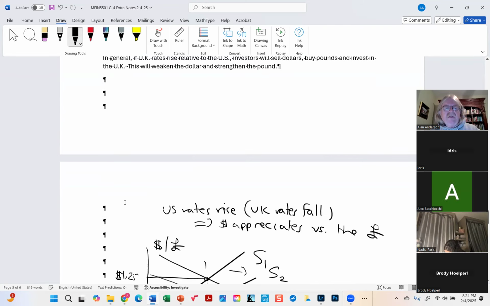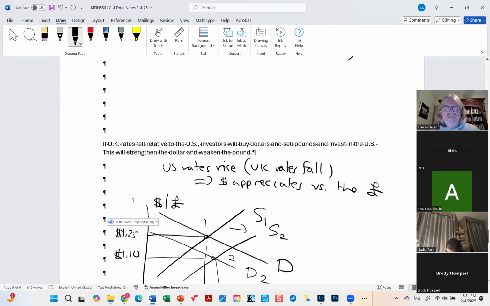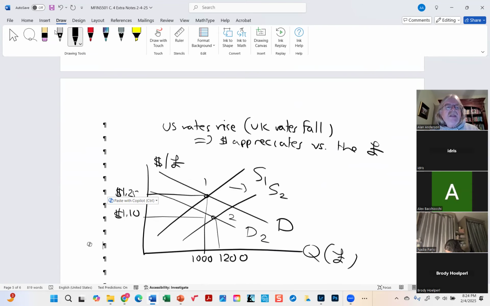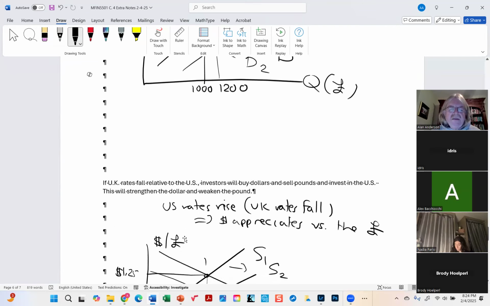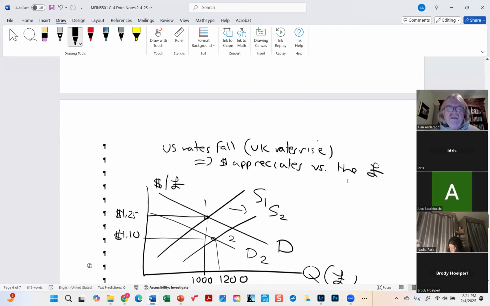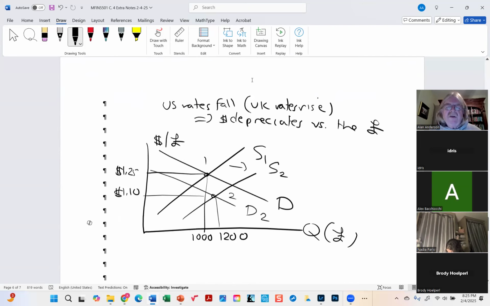So I can kind of recycle this graph a little bit by changing keywords. Okay, fall and rise. The dollar depreciates. And the curves work in the opposite direction.